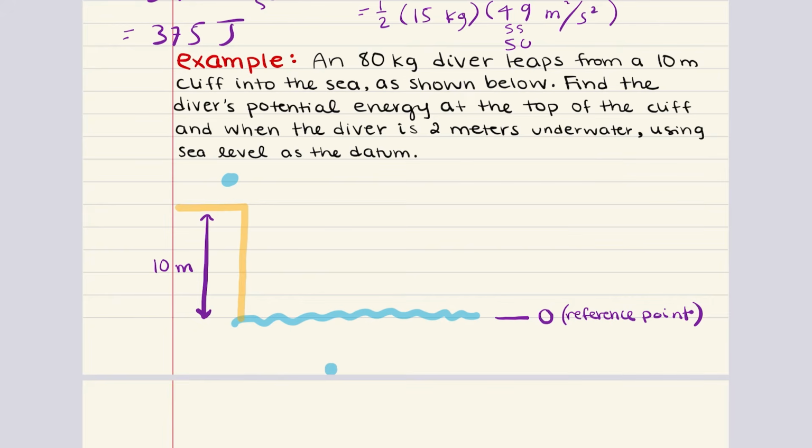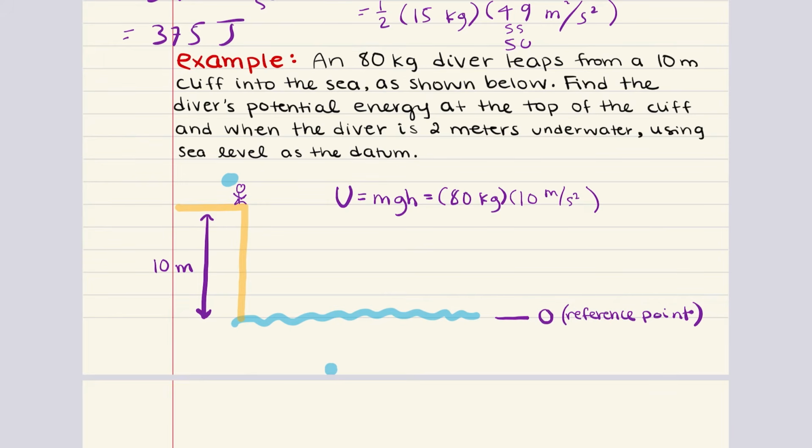Okay, so at the top of the cliff, when the diver's chilling up here, what we can say is that the potential energy is equal to mgh, where m is the mass of the diver, 80 kilograms. g is the acceleration due to gravity, which is equal to 9.8 meters per second squared, but we're going to approximate it to 10, so the math is easier without a calculator.